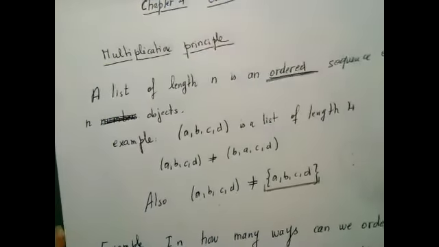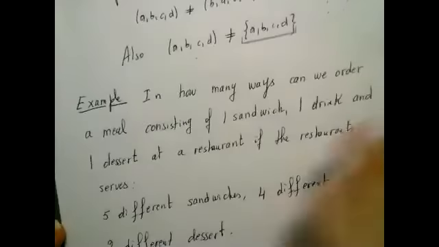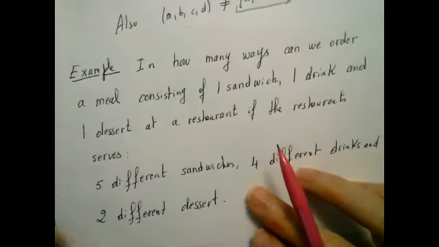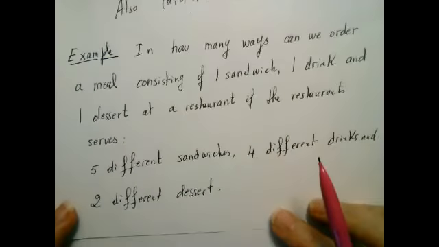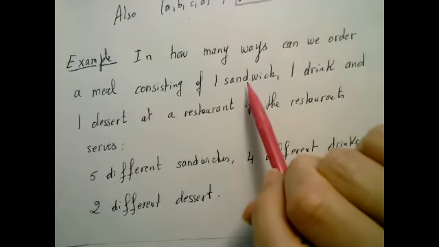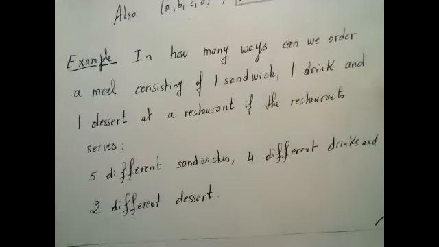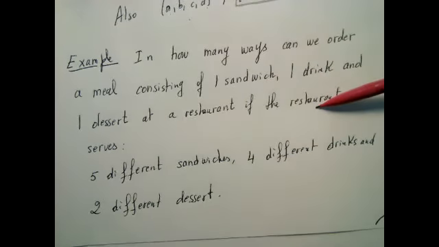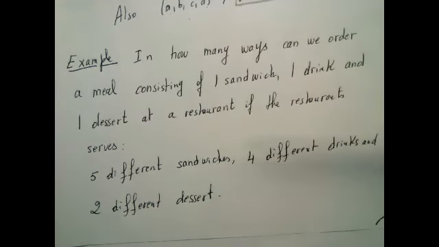Now we're going to take a fairly simple example that we'll work together, but I needed to establish the first rule. Here is the problem. Example: in how many ways can we order a meal that consists of a sandwich, a drink, and a dessert at a restaurant, if the restaurant has 5 different sandwiches, 4 different drinks, and 2 different desserts to choose from?